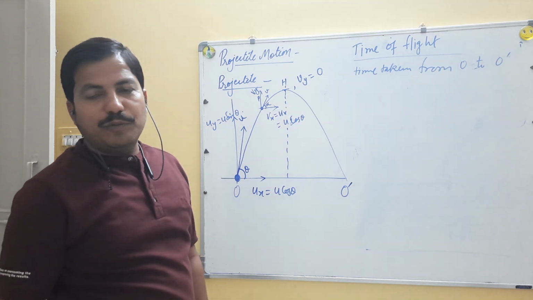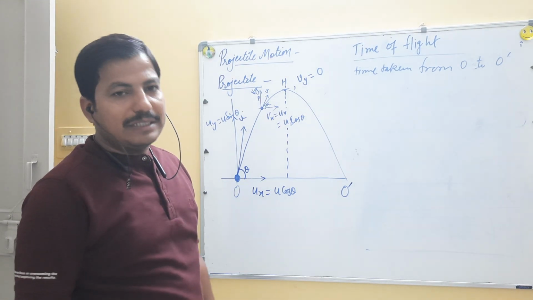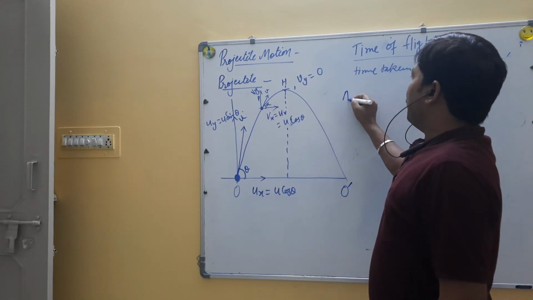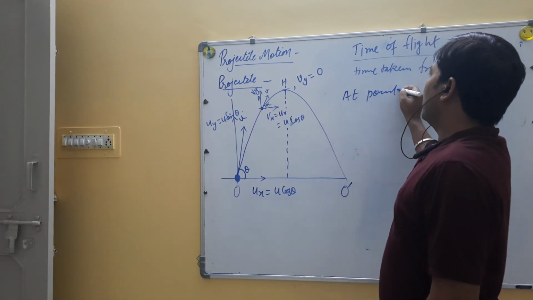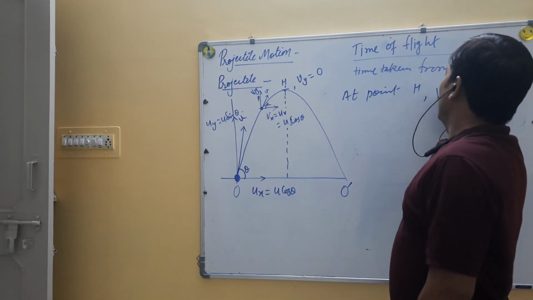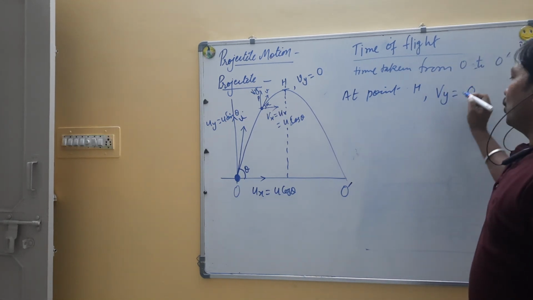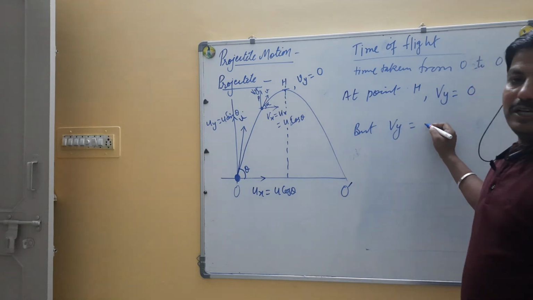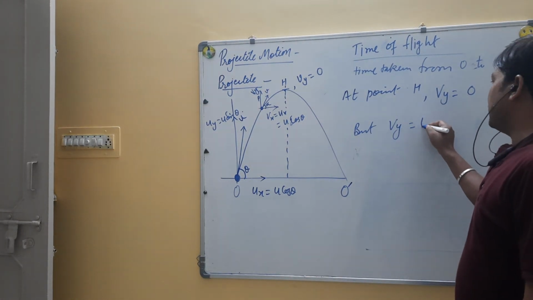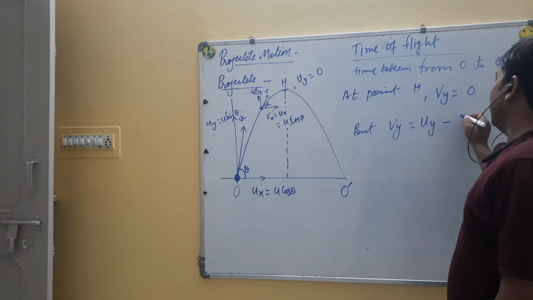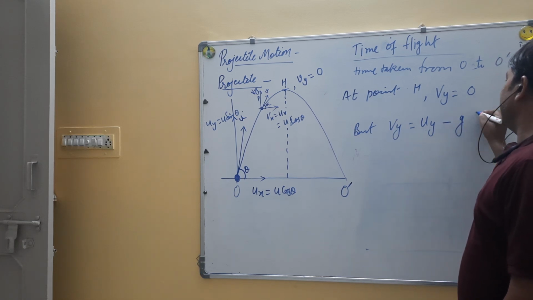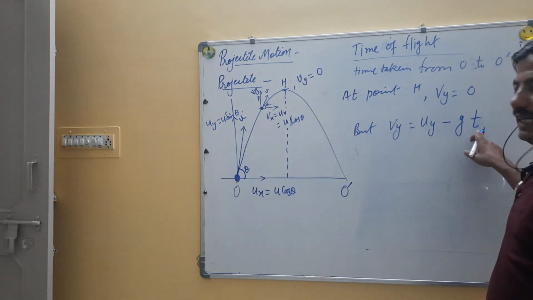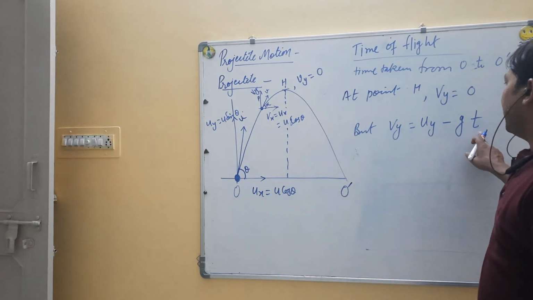The time the object takes to reach the highest point from O, double that is the time of flight. So at point H, vy is 0, and the formula of vy is uy minus g into t. This is the time to reach the maximum height.